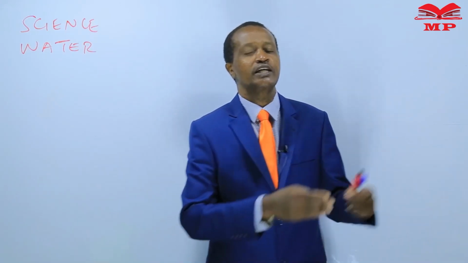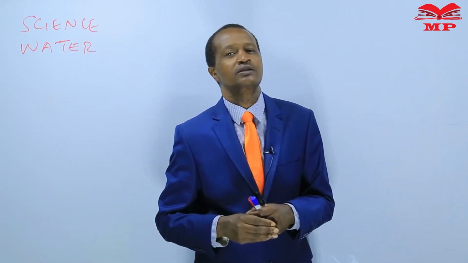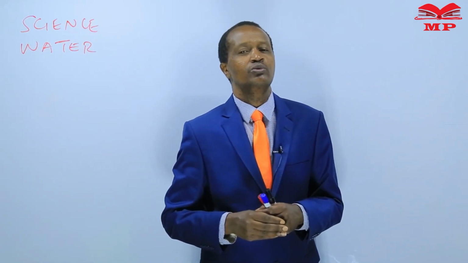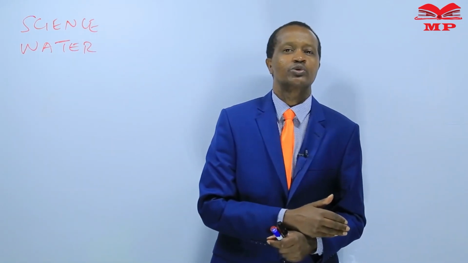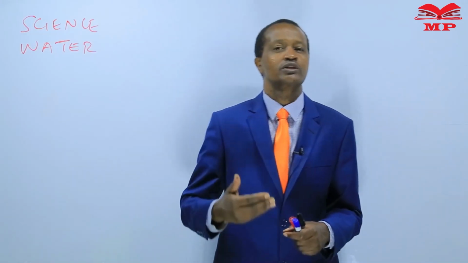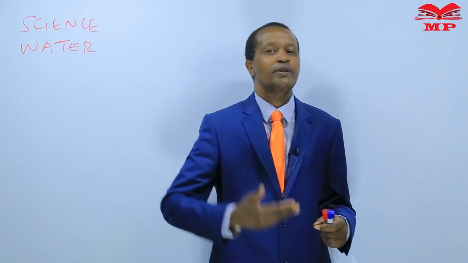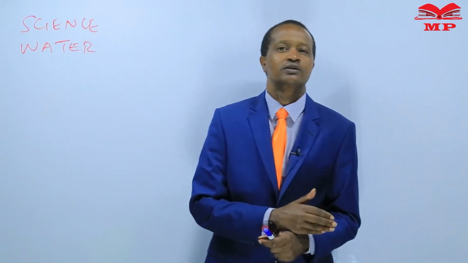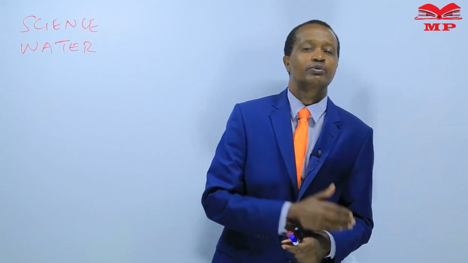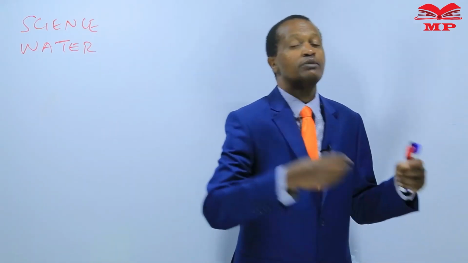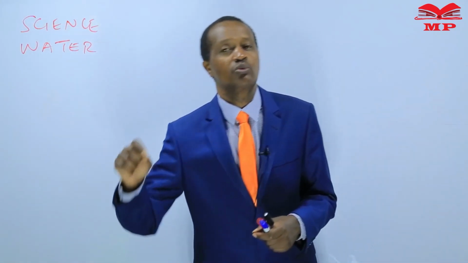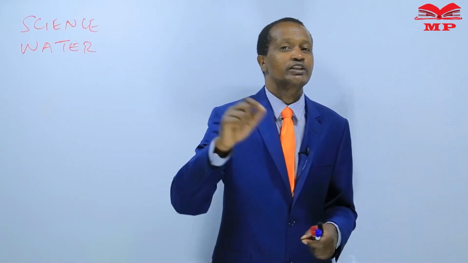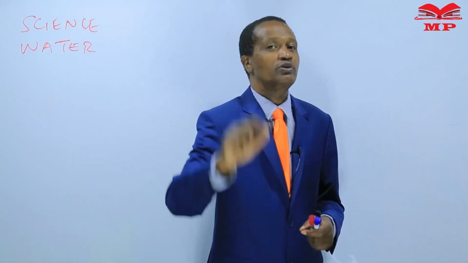We learned how that happens and how we need to conserve water, because water is a very important resource. We also saw ways in which we can conserve water. We learned how water can be polluted and how we can avoid polluting water and contaminating water. We say that contaminated water is not safe for drinking.